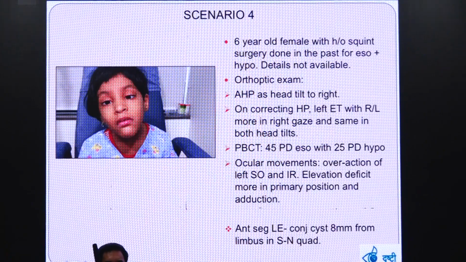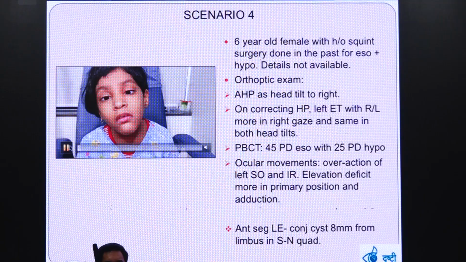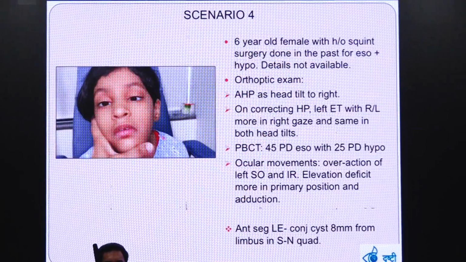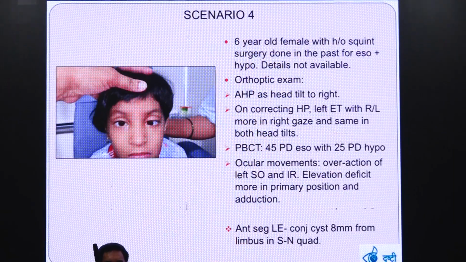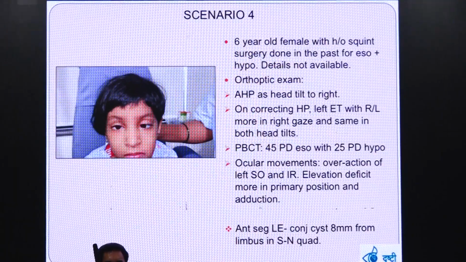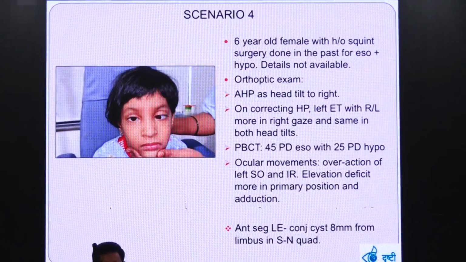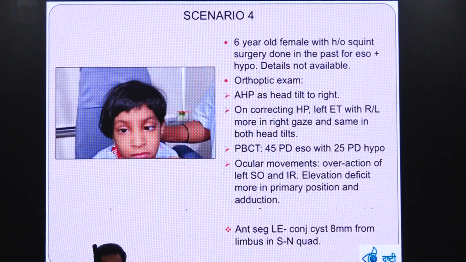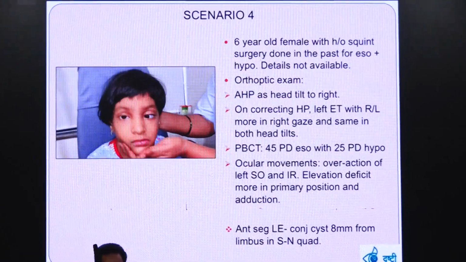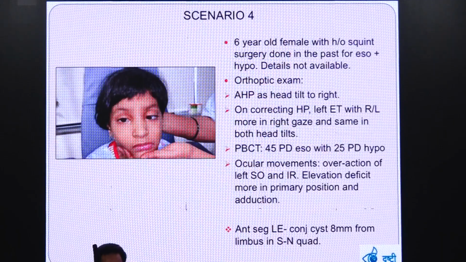So when she came to me, she was having this esotropia, large esotropia with large hypotropia and a head posture. So there was an underaction of left eye in elevation, adduction and elevation. So it was looking like an acquired Brown's with the esotropia.